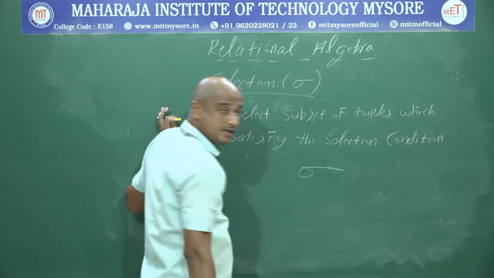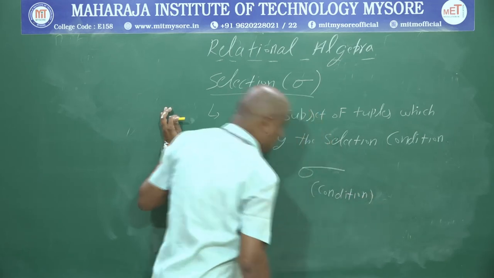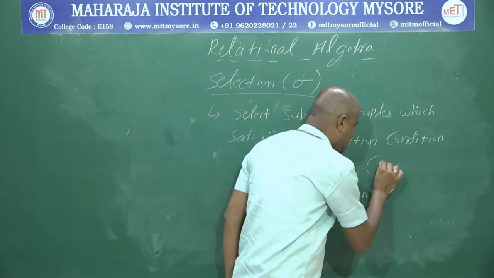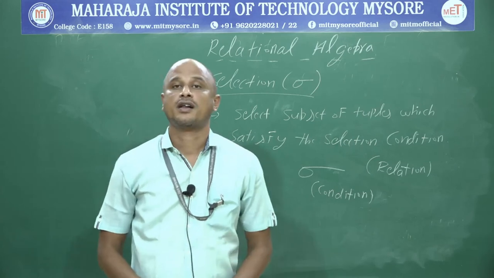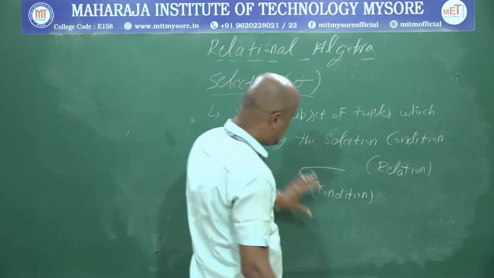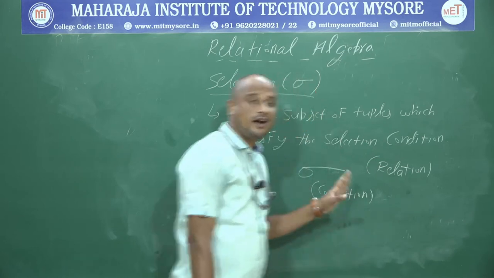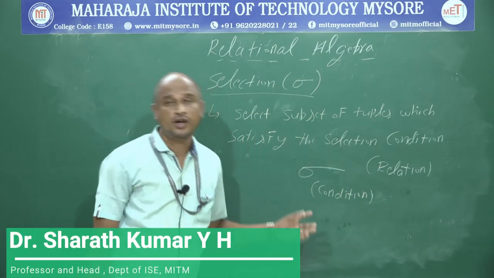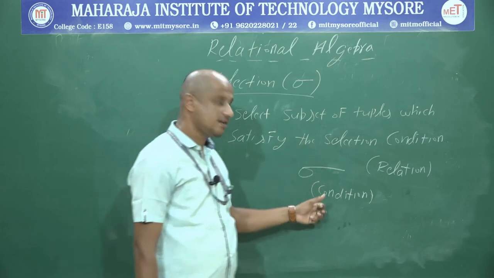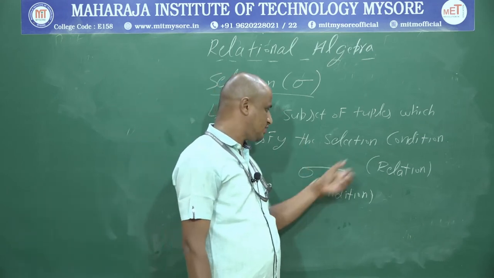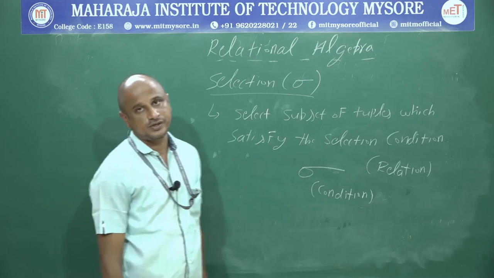You represent it like this: the sigma symbol, then the condition, then from which relation. You put the selection condition with a relation, the table you are taking from, and what you get is a new relation.